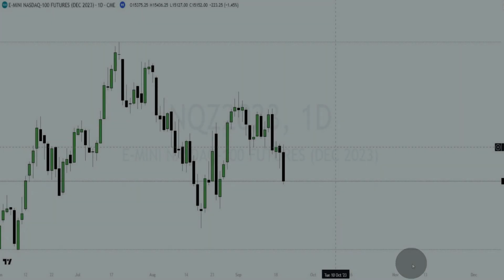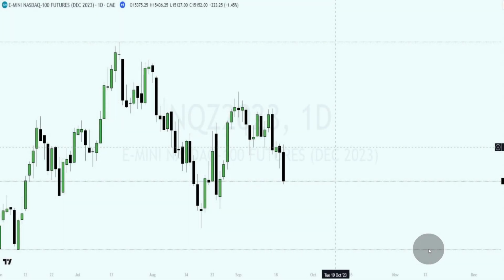Okay, here we are on the E-mini Nasdaq 100 futures on the daily time frame. Right about now, if you are new to ICT, maybe you have no idea how to determine your drawn liquidity. You probably have no idea, or maybe somewhat of an idea, of where the market is going to go next, right?